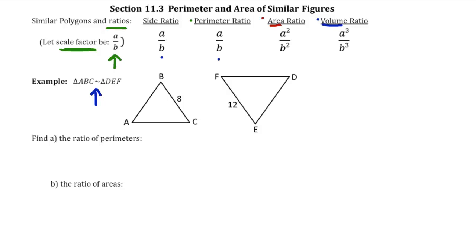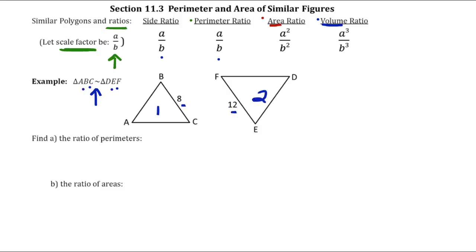So we're going to find two corresponding sides, and since we only have two measures, let's make sure that these two sides are corresponding. So BC is the second, third letter, and EF, second and third letter in the similar triangle, and so those are corresponding pieces.